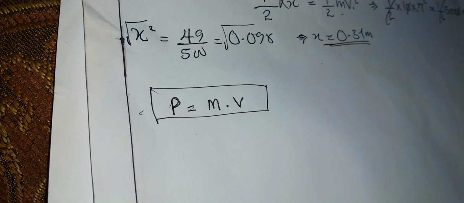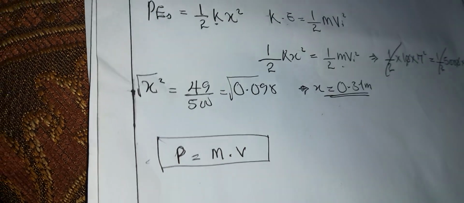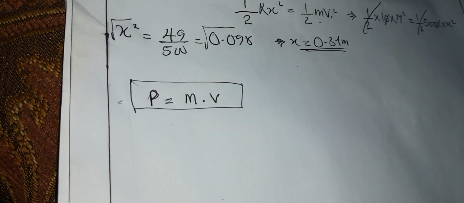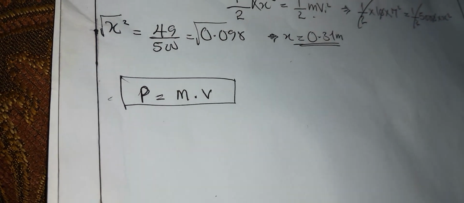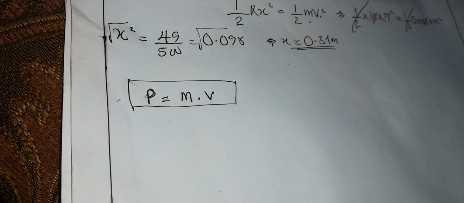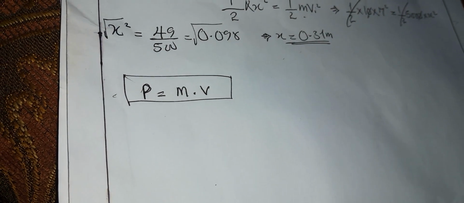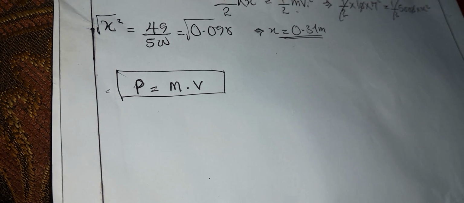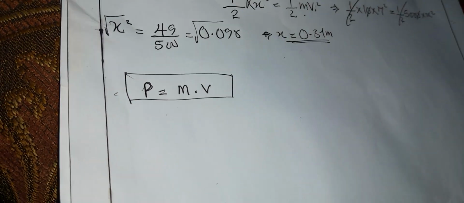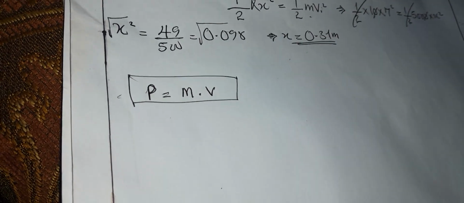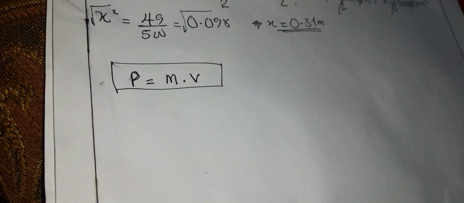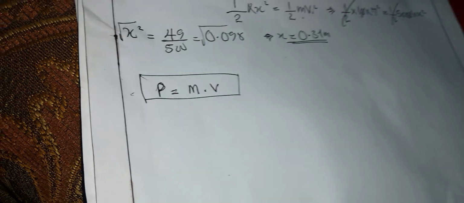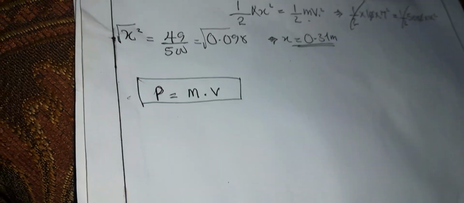For more explanation, you can look at my previous video on momentum, impulse, and impact. Question 8 says define impulse mathematically, and is it a vector or a scalar quantity? It's also in my previous video. You can search for it to save time.